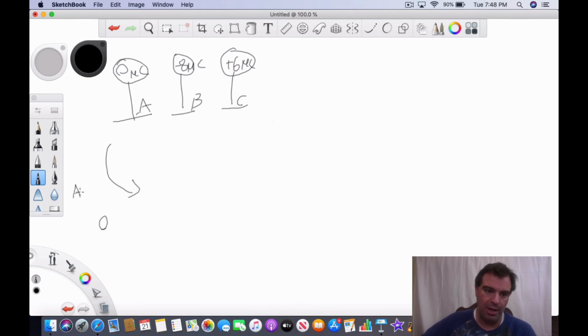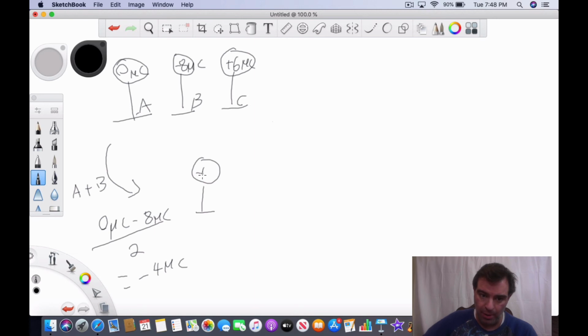So we have 0 microcoulombs and -8 microcoulombs, and we divide by the number of objects. In this case, 2 will touch, so -8 divided by 2 is -4 microcoulombs.